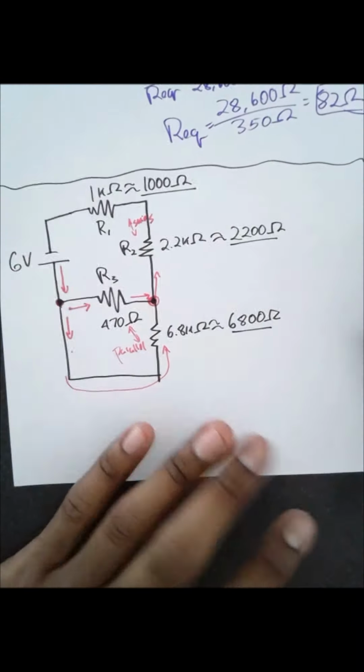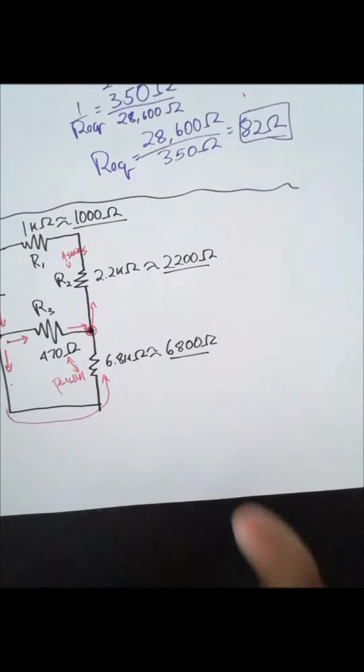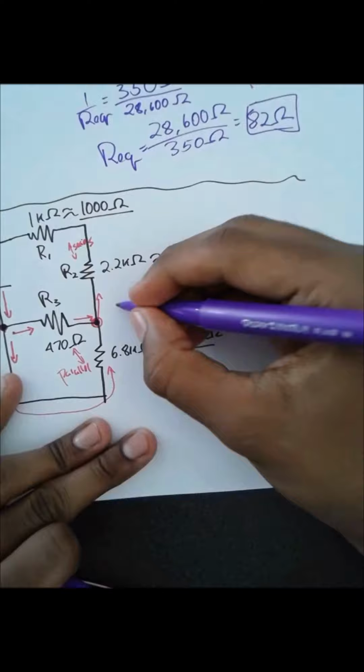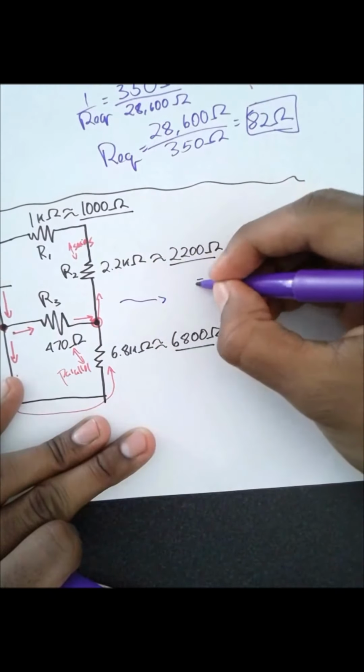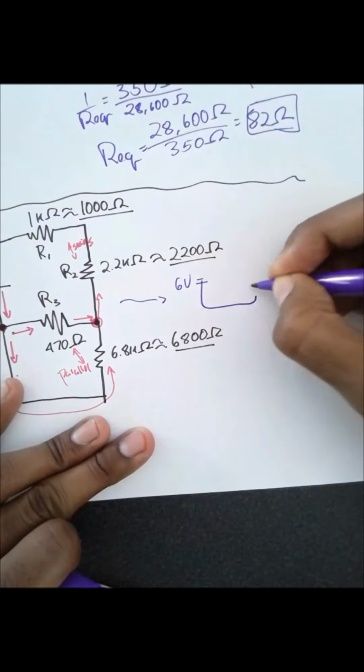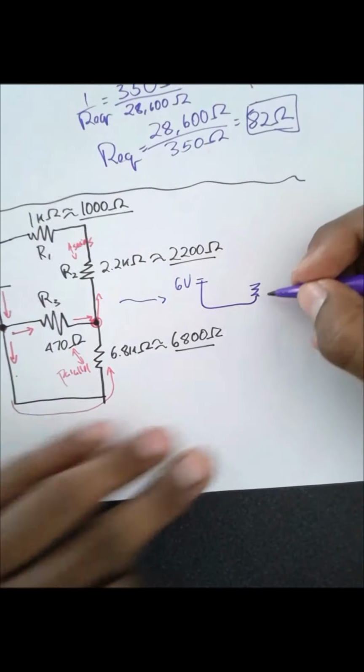So, let's redraw this the way that we really want it to look. The first thing we're going to do is add these two in parallel. So, we want one resistor first off, that is just this.